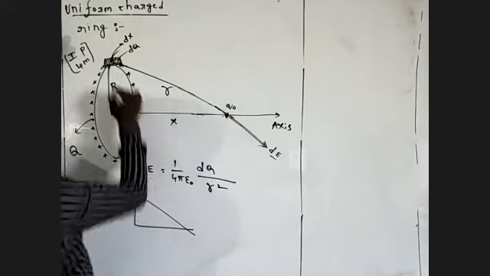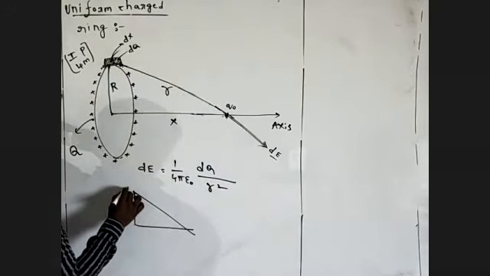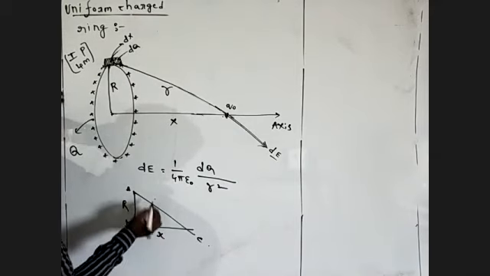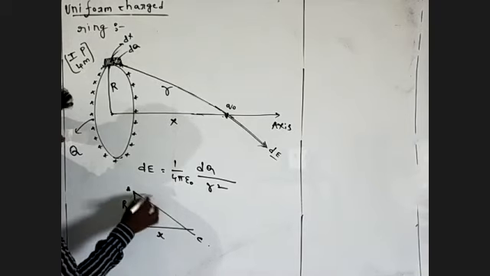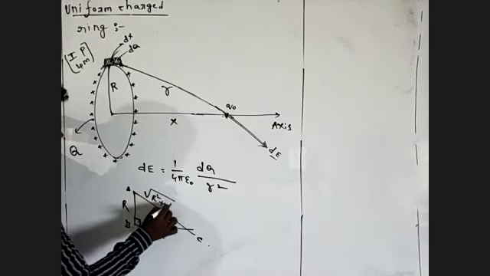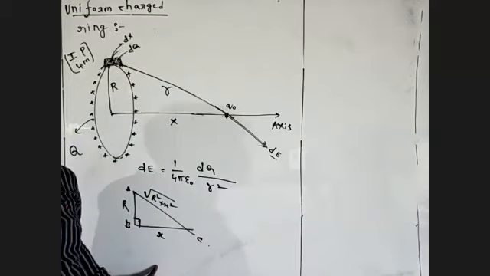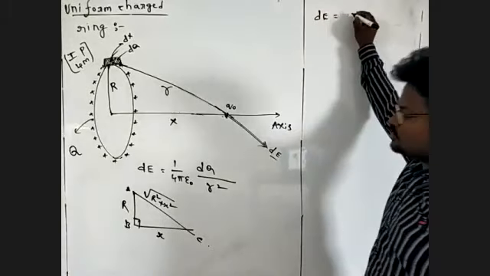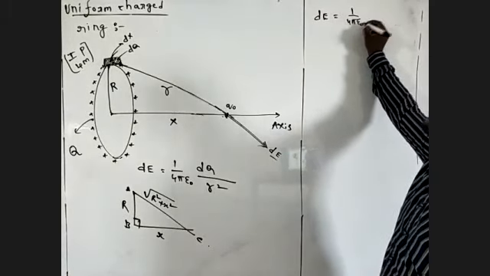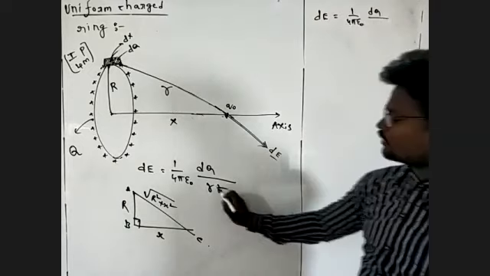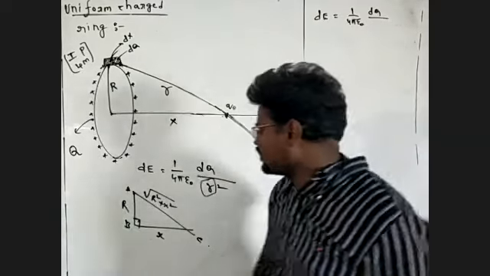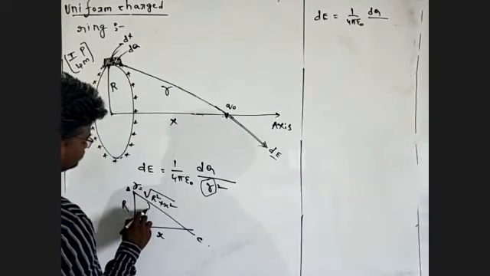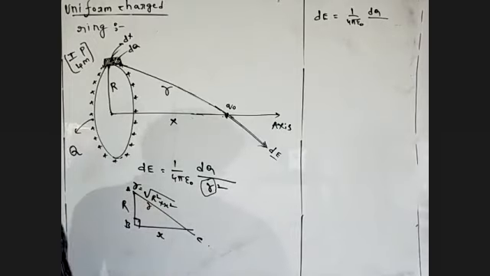Take a right triangle with points A, B, C. This is x distance, and this is r, making angle theta. By Pythagoras, small r square is equal to R square plus x square, so small r is the root of R square plus x square.